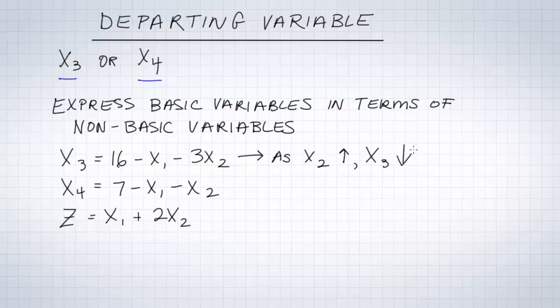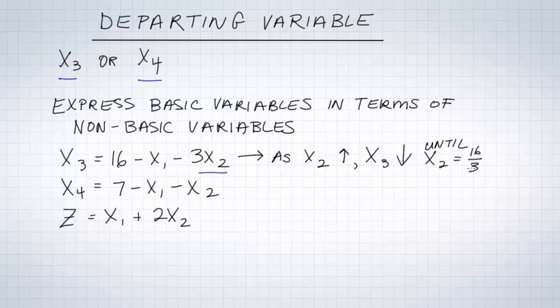And how high can x2 go? Well, x2 can go to 16/3. At 16/3, x3 goes to 0. So as x2 goes up, x3 comes down, and we want to keep x3 from becoming negative. In order to do that, we can only raise x2 to 16/3. At 16/3, we will have 16 minus 16, so x3 is equal to 0.